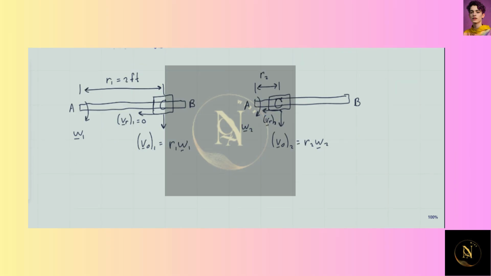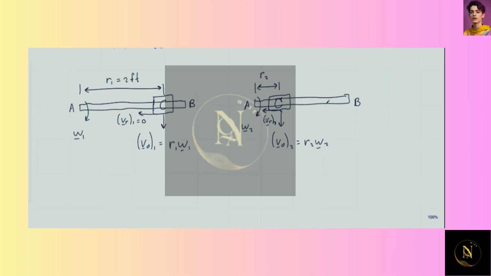So here we have a diagram of our rod AB in positions 1 and 2. In position 1, the distance between A and the center of collar C is 2 feet. The system rotates with angular velocity omega 1, and C has V0 in the first position equal to R1 omega 1, and component VR of the velocity in the first position is 0.